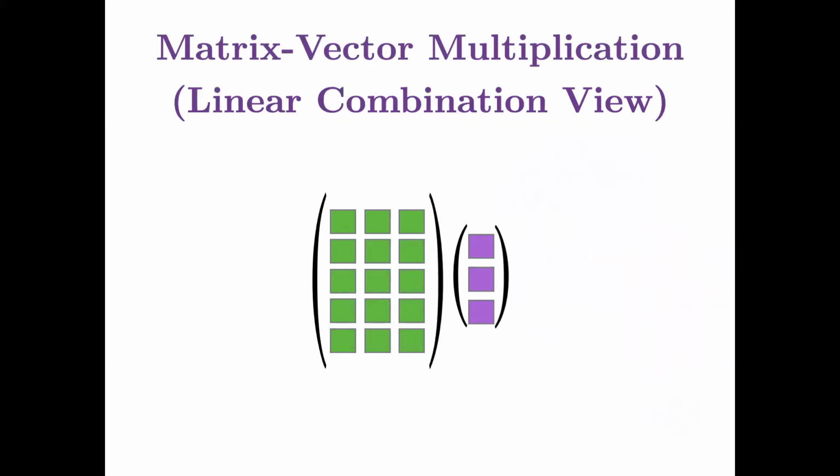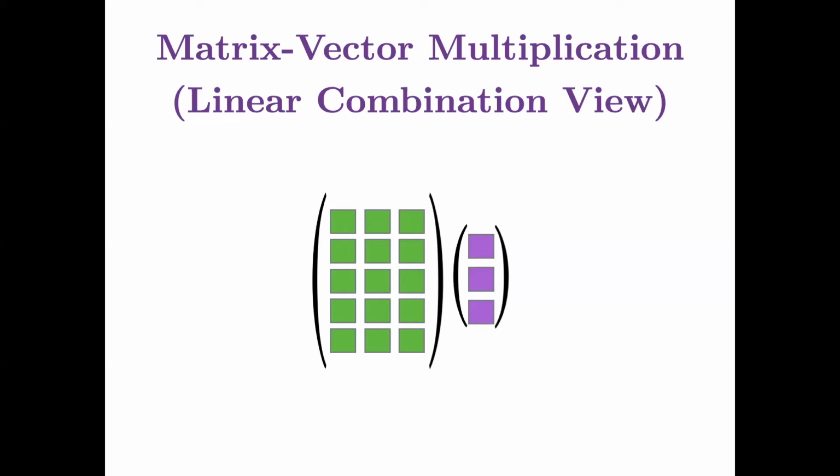Now, we can also view this matrix vector multiplication as a linear combination. This is potentially more important to see because it has implications in the tools that we will use.